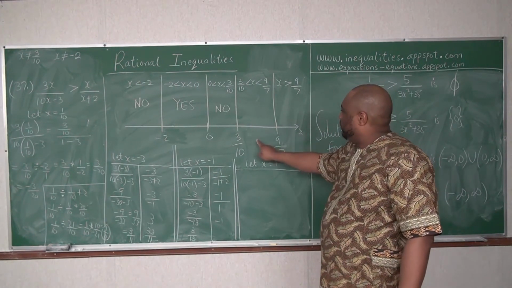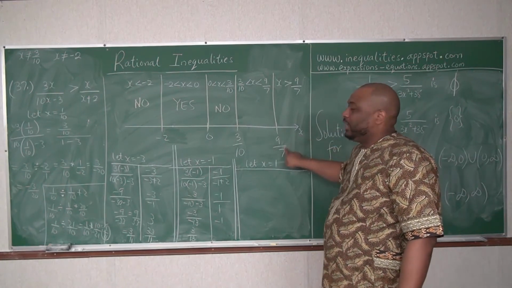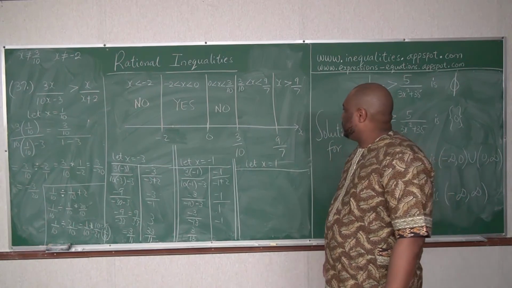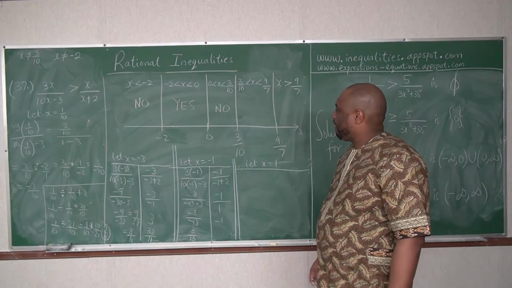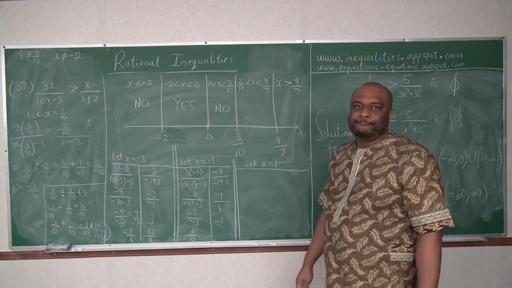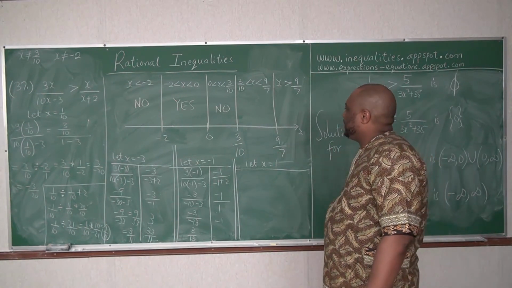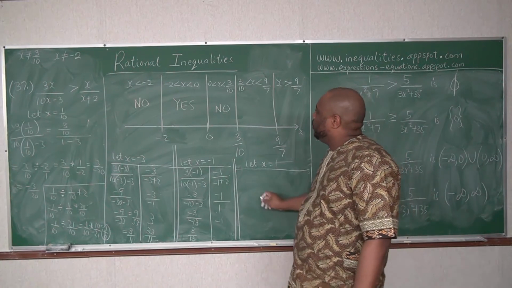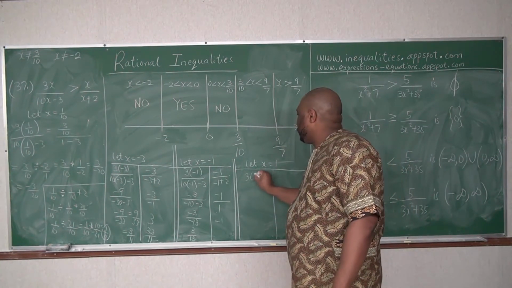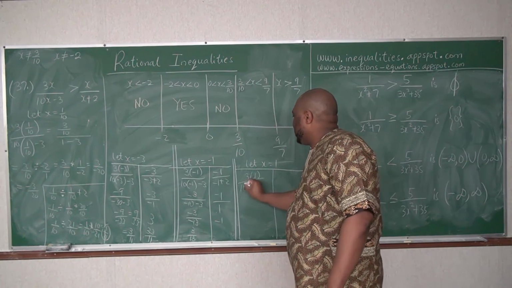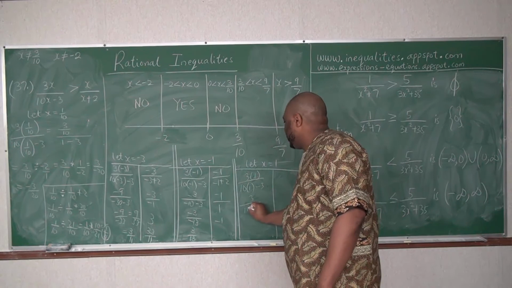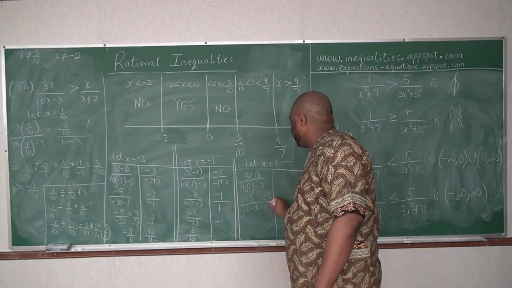We have 7 over 7, 8 over 7, 9 over 7. 7 over 7 is 1. So the easiest one is 1. So here, on the left, we have 3 times 1 over 10 times 1 minus 3, which is 3 over 10 minus 3, which is 3 over 7.